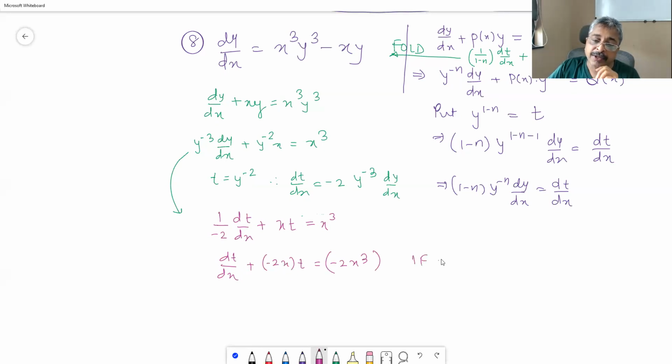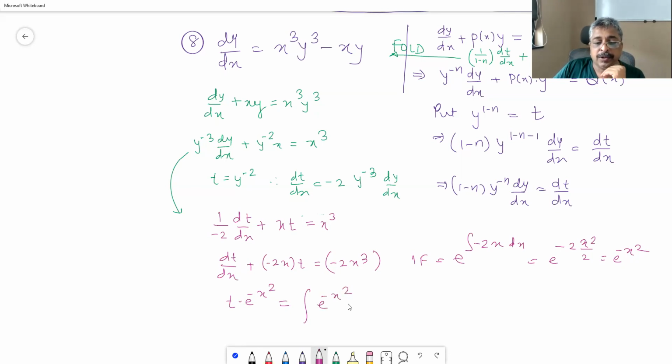So integrating factor is equal to e raised to integral minus 2x dx, which is e raised to minus 2 times x square by 2, which is e raised to minus x square. And therefore solution of this is t into e raised to minus x square is equal to integral of e raised to minus x square into minus 2 into x cube dx plus c.